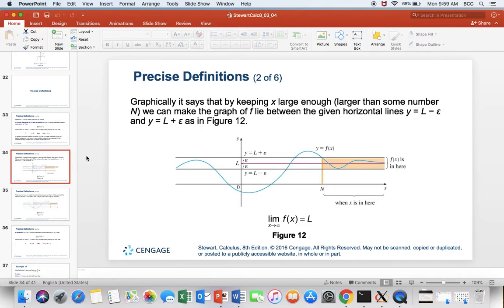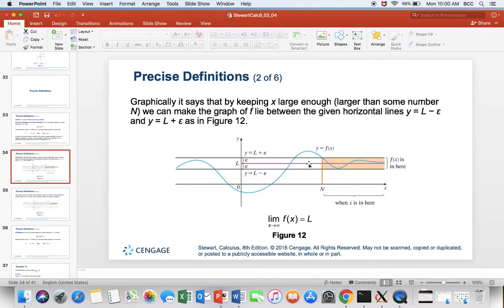So graphically, this means, say my function looks like this, in blue. You can see that it's getting closer to this particular L. Okay, but it was not always close, right? Here it's far away from L. So what is far away? That's not precise.